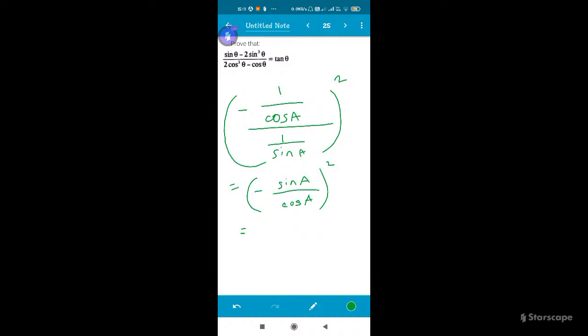So we know sin A by cos A is tan A. So minus tan A whole square, which is equal to tan squared A. So this is what was asked, isn't it? Yes. So this is equal to RHS, proved. So please copy it down. I hope it is clear. If you have any doubts, you can please mention it in the comment section.